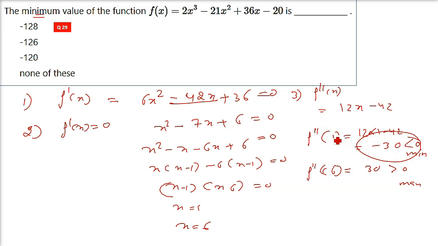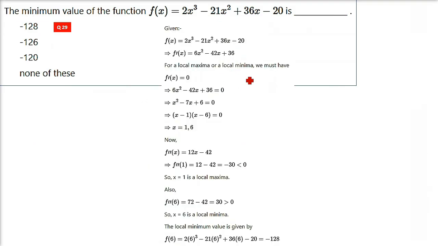So what will be the correct value? You have to put the 1 because you are getting minimum at 1. So when you place 1, the function will give you negative 128. So the first option is the correct option here. Minus 128 is the correct option. This is the value of the function. So this is how you are going to take the reference and try to solve it.